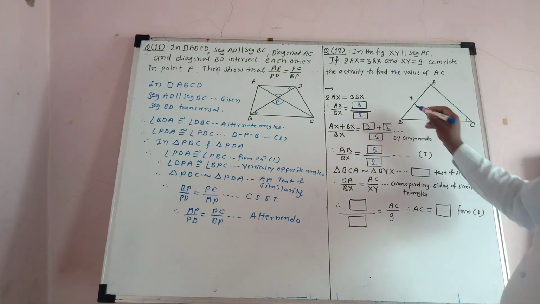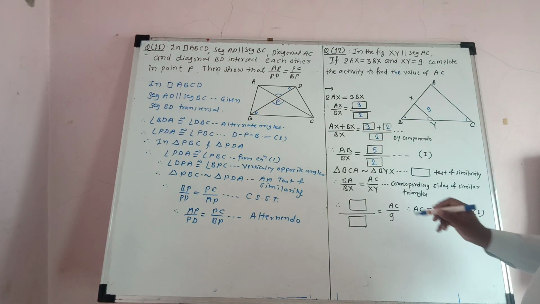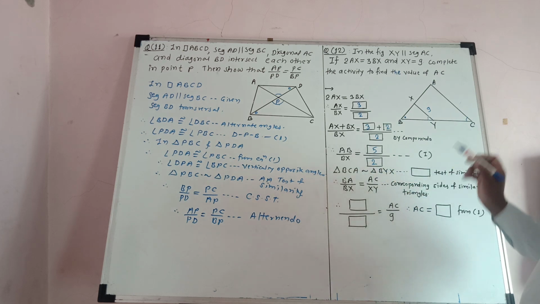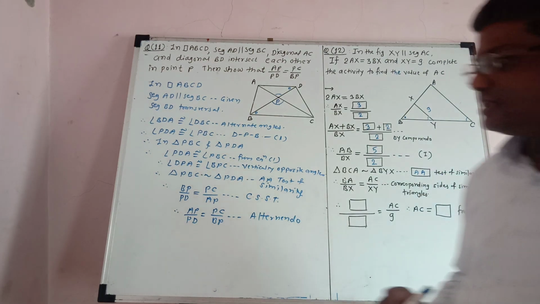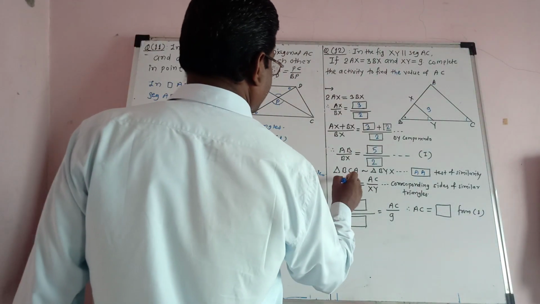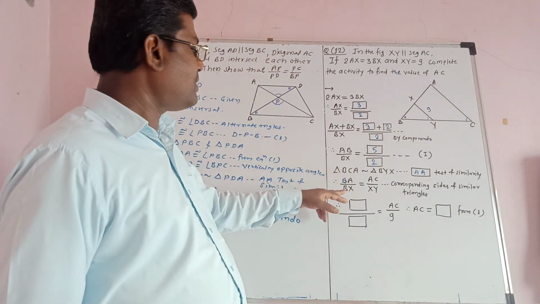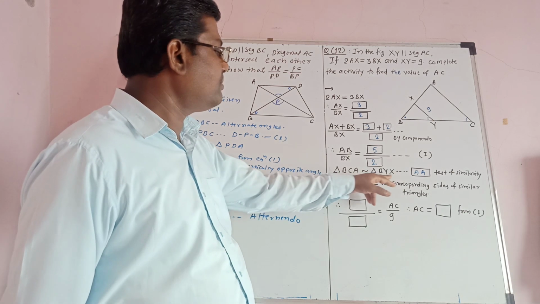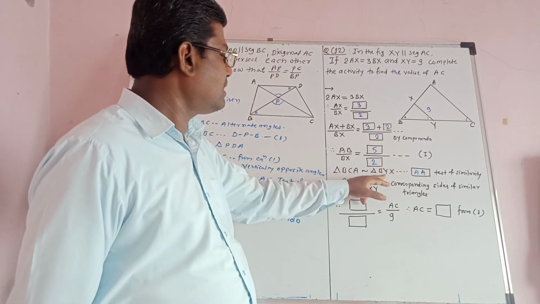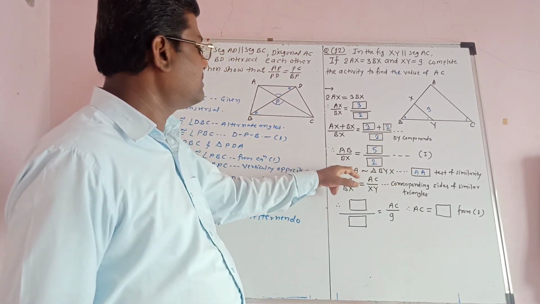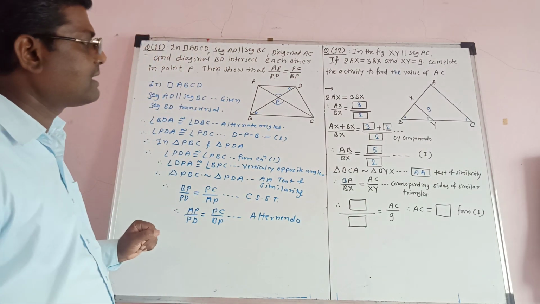And angle B is common to both triangles. Therefore, triangle BCA is similar to triangle BYX by the AA test of similarity. Now BA upon BX is equal to AC upon XY, corresponding sides of similar triangles.